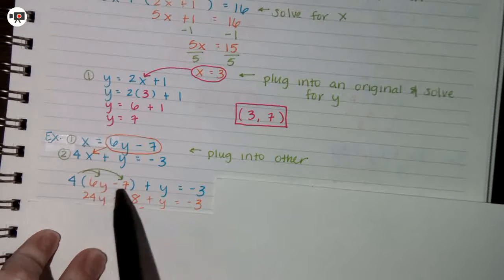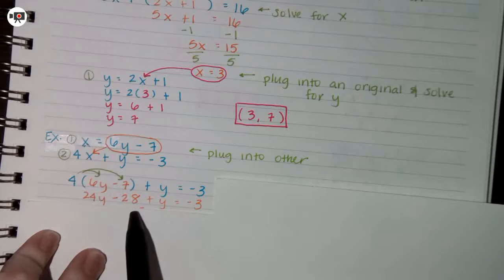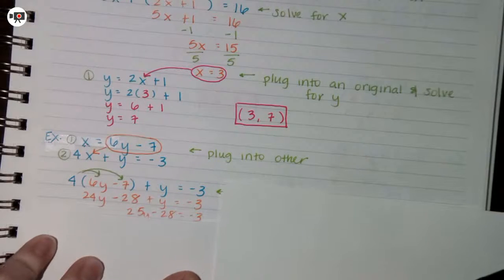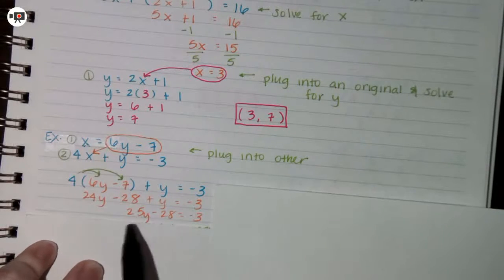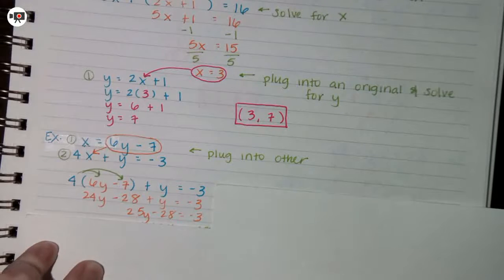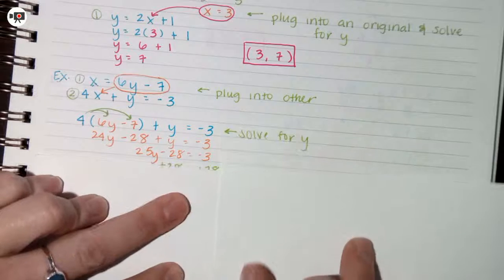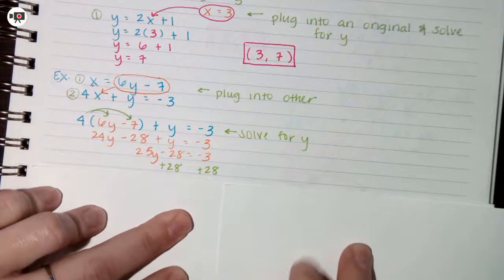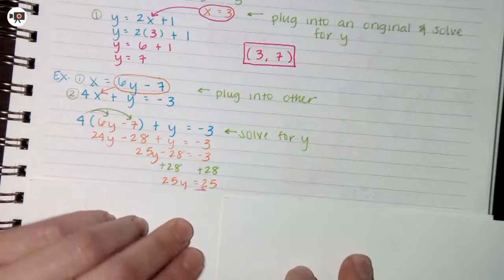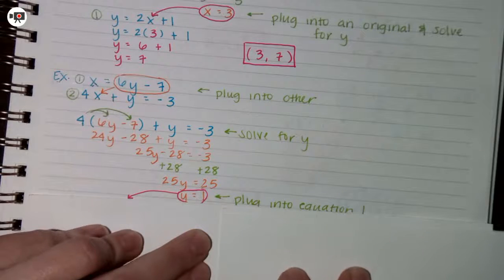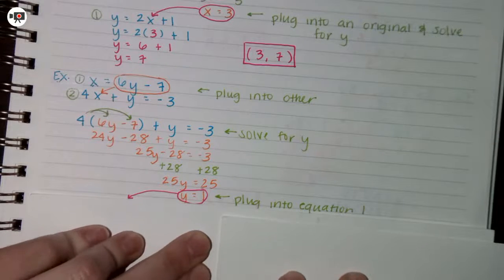Distributing the 4, I have 24y minus 28 plus y equals negative 3. So 25y minus 28 equals negative 3. I'm solving for y now. So I add 28 on each side, and 25y equals 25, so y equals 1.